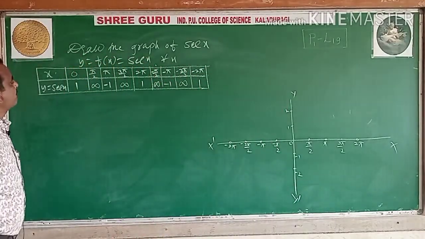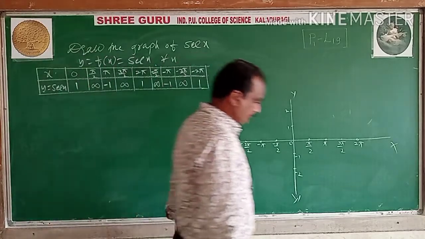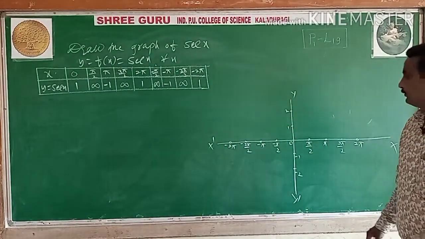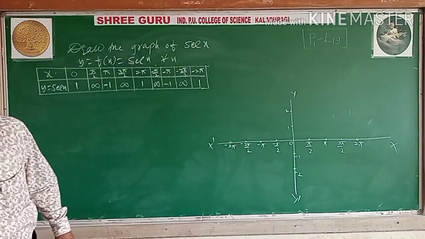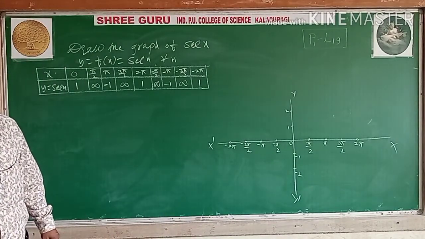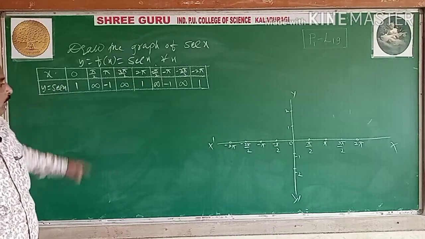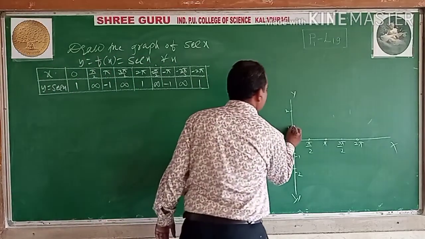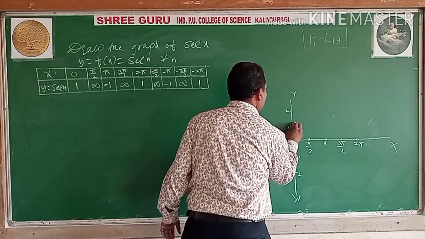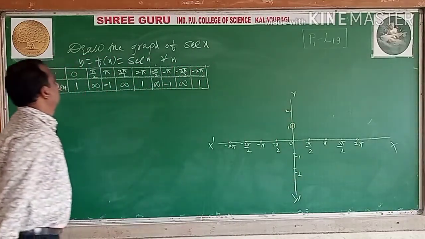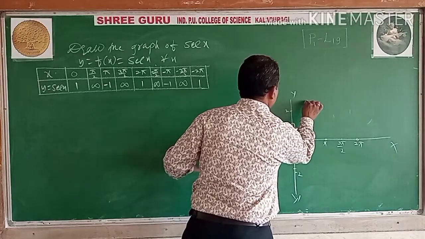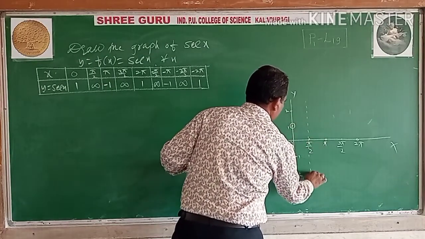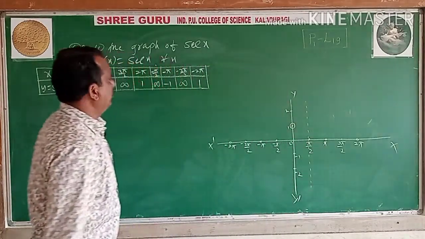Let us mark here. When x is 0, see the students, what is the y value? When x is 0, y value is 1. When x is pi by 2, infinity, not defined, an infinity line.